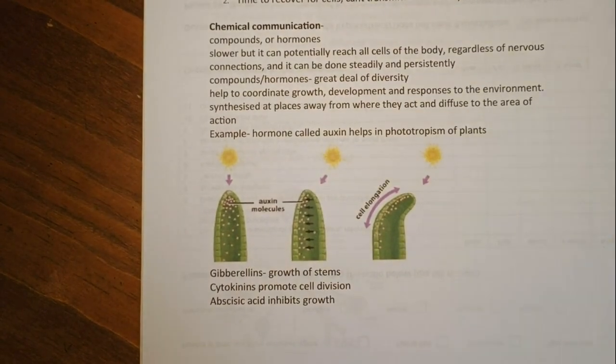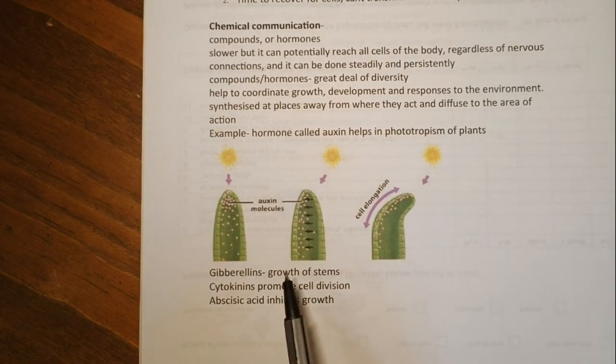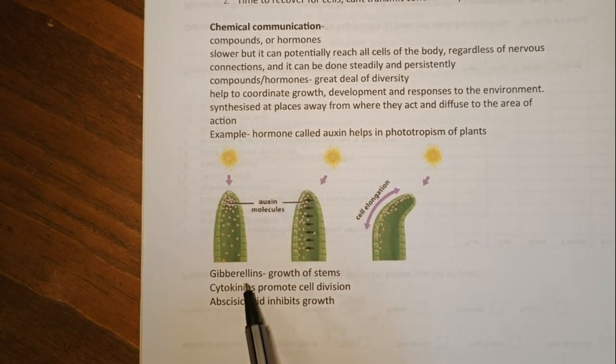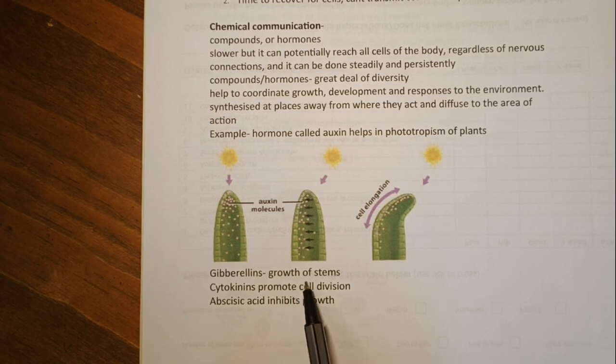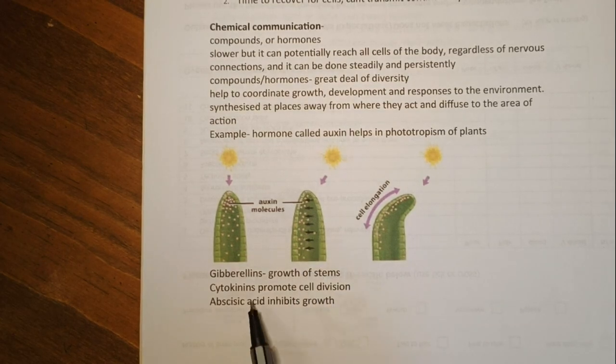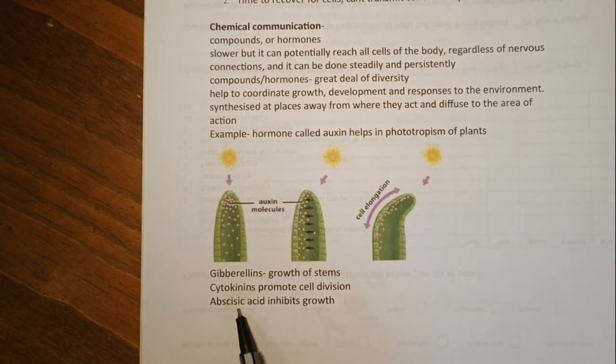Now there are other examples. You should just know the names of them, no need to know the details. That is gibberellin. They are gibberellins. They help in the growth of stem. Cytokinins promote cell division, and abscisic acid inhibits growth.